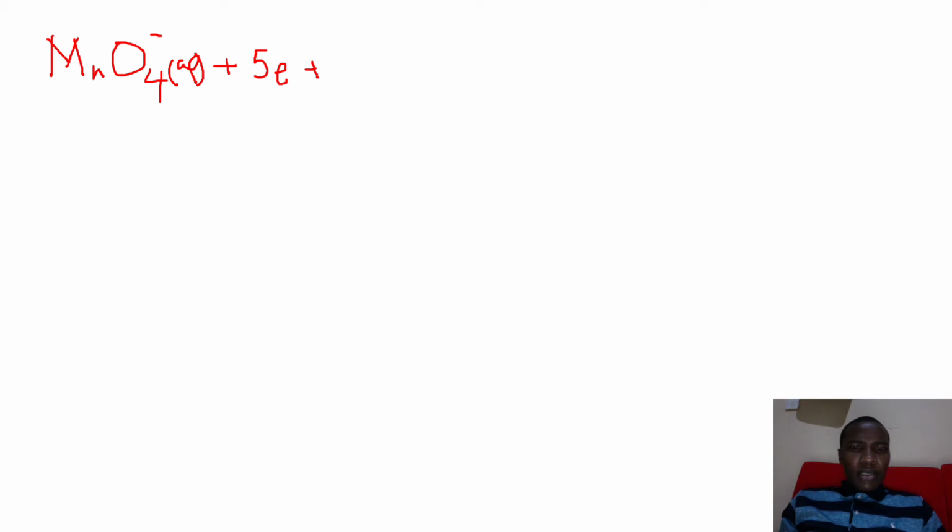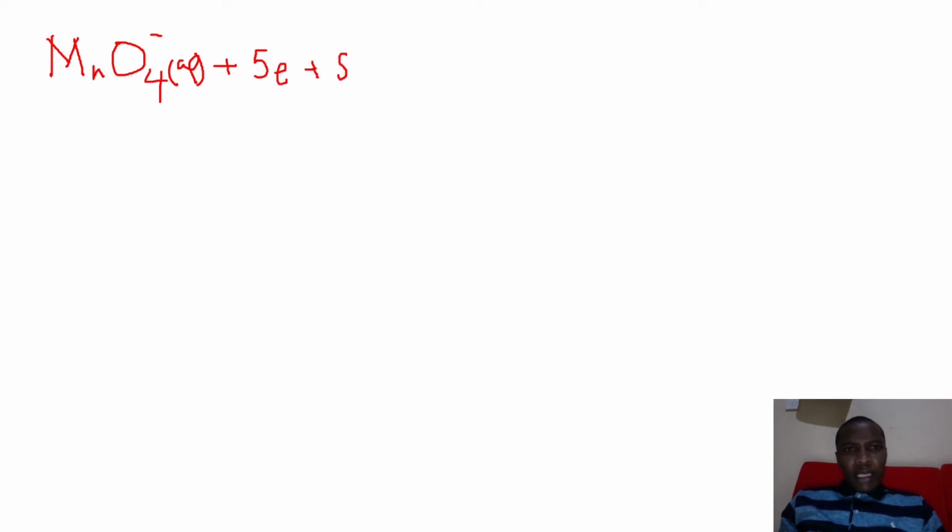Now I'm going to write the half equations, then we combine them and we get the final equation. The half equation for potassium manganate 7 has never changed. Is this. We have the MnO4 minus there, in solution, reacting with the 5 electrons. I don't want to waste time explaining all these issues because we already have an idea.